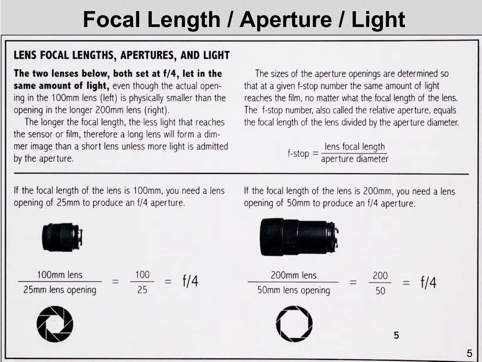In the example on the left, a 100 millimeter lens divided by an aperture diameter of 25 millimeters equals f4, whereas a 200 millimeter lens divided by a 50 millimeter lens opening would also give you f4. We're talking millimeters as the circle when you look at the front of your lens. So the focal length is on top, and the size of the actual diameter of the lens opening is on the bottom.